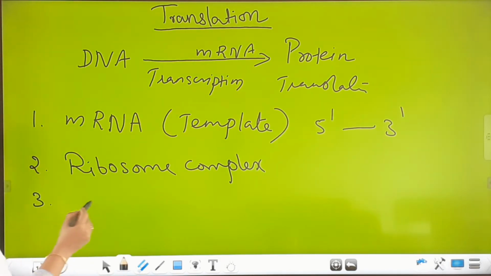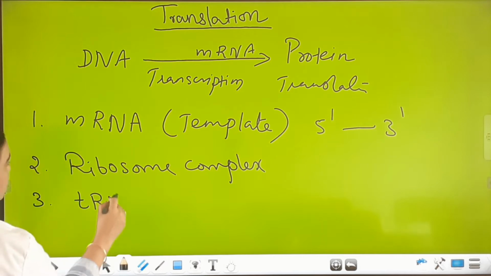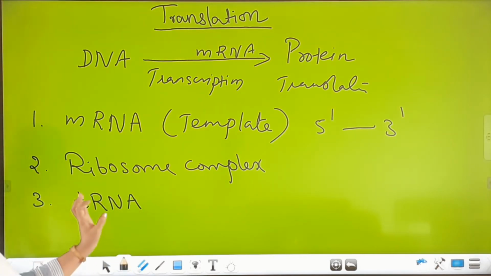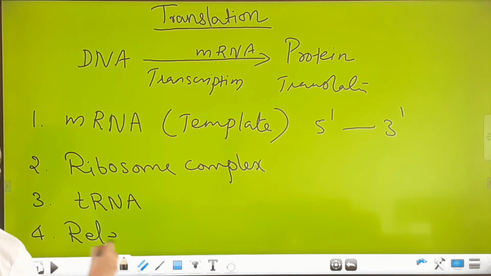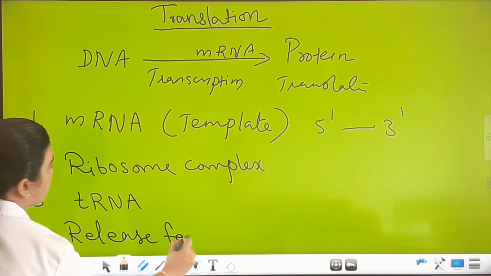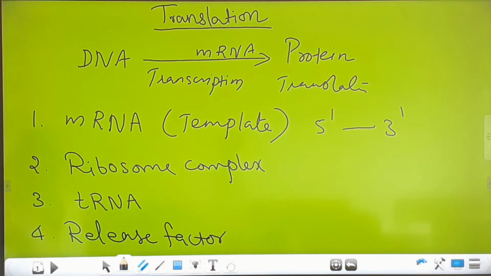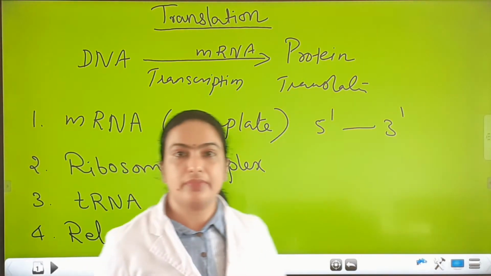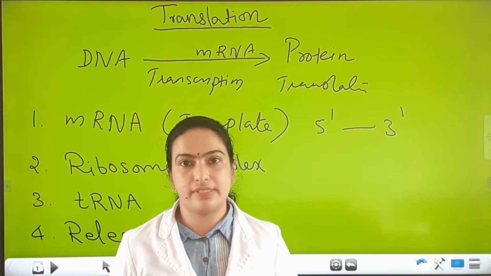And the third one, tRNA, a charged tRNA with a particular amino acid. And the fourth one, a releasing factor or release factor. So these are the major factors which are involved in the translation process.